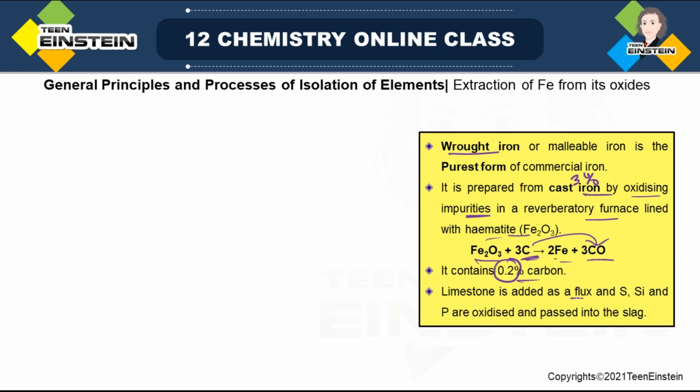Limestone is added as flux, and remember, after decomposition it forms calcium oxide and carbon dioxide. Calcium oxide is the actual flux, and sulfur, Si, phosphorus are all oxidized and converted into slag, because flux plus impurity equals slag.